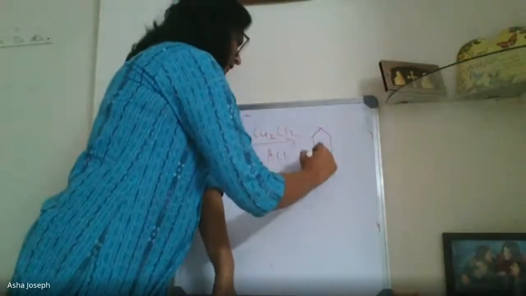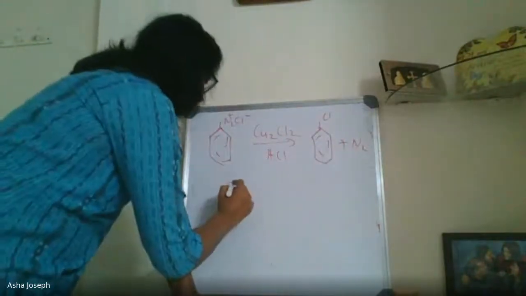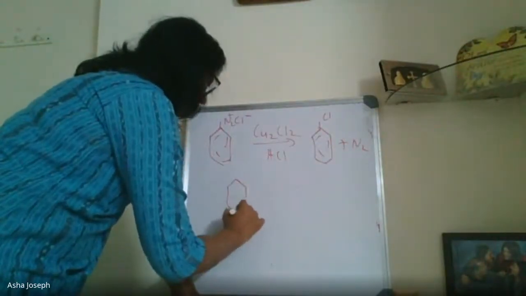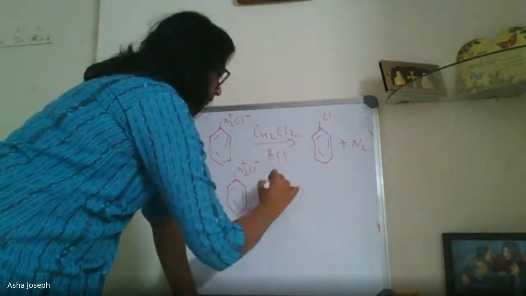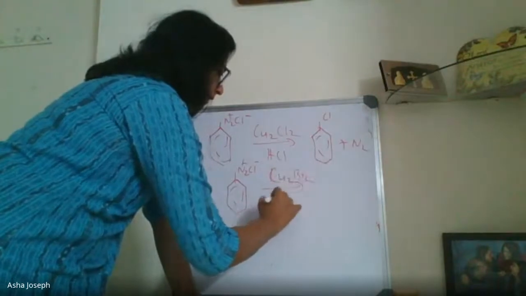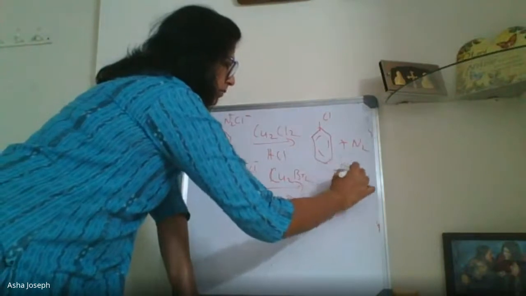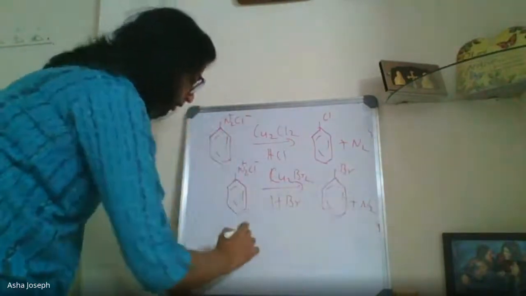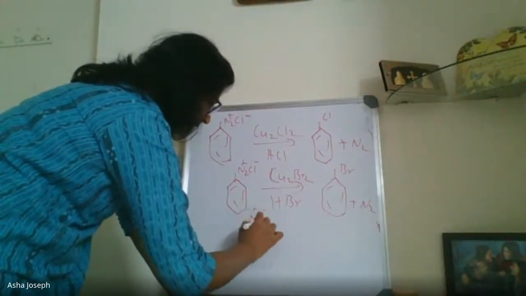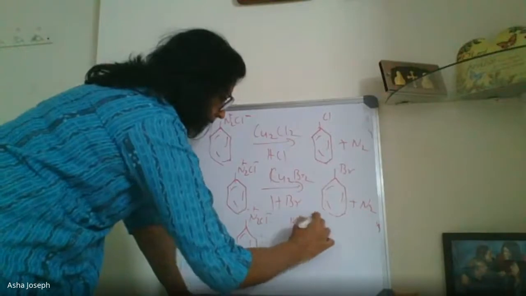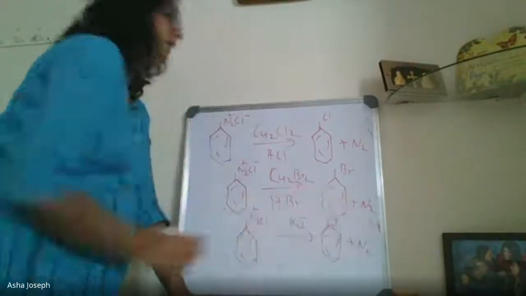You will get chlorobenzene and nitrogen. If you want bromobenzene, you will take cuprous bromide and HBr. You will get bromobenzene. If you want iodobenzene, you will take potassium iodide. You will get iodobenzene. It is a very important reaction.